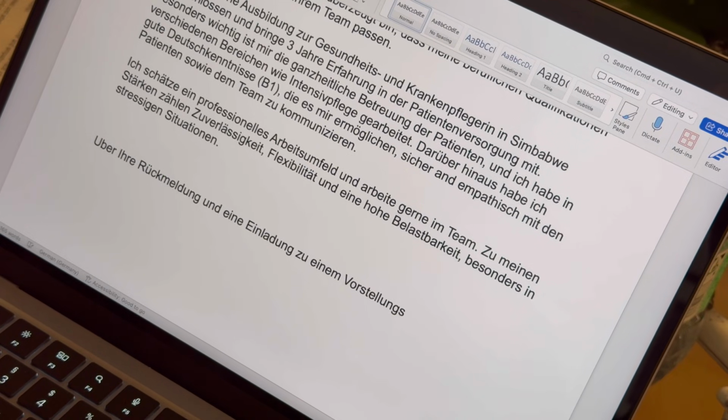And then you just use a polite closing, like here what I wrote: "Über Ihre Rückmeldung und eine Einladung zu meinem Vorstellungsgespräch freue ich mich." You see, now you've simply summarized everything, that I'm hoping for a positive response and an invitation to an interview. And then you close it by saying "Mit freundlichen Grüßen."